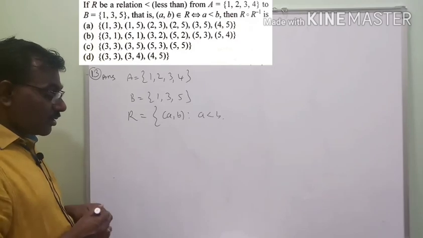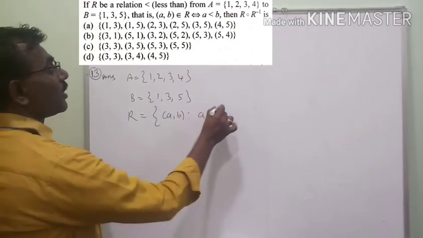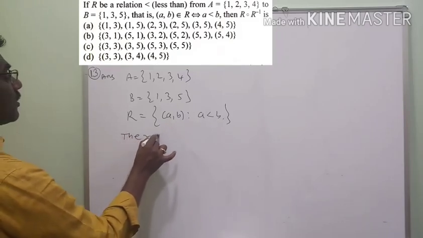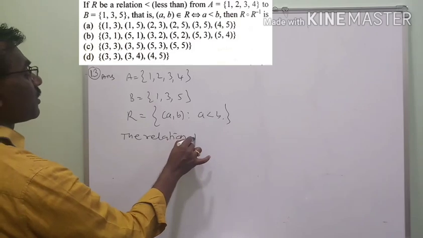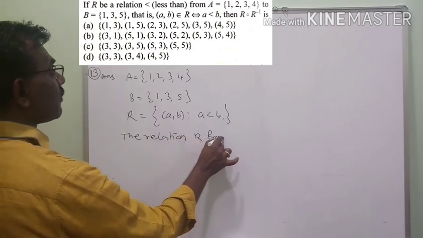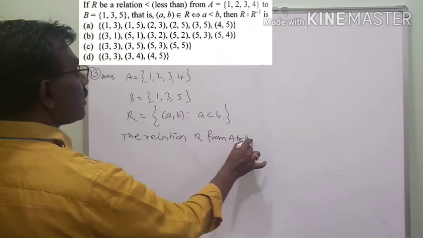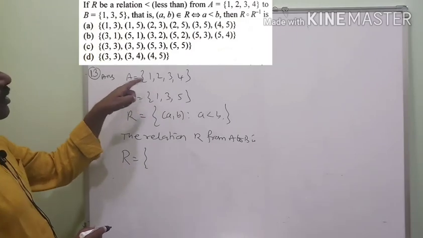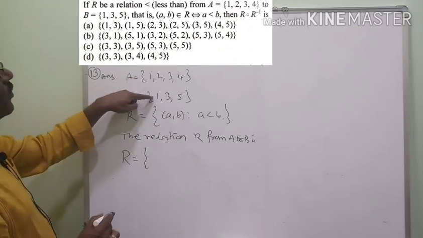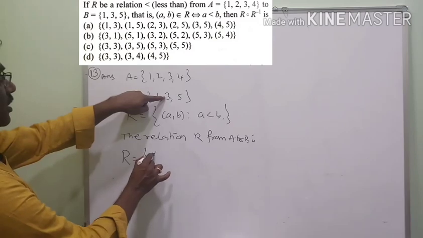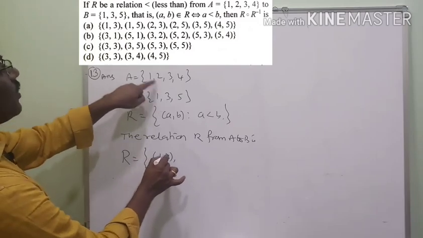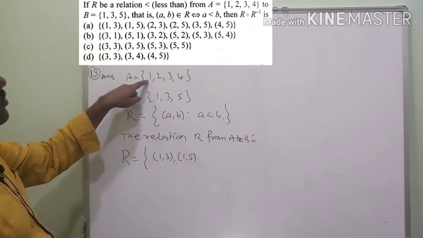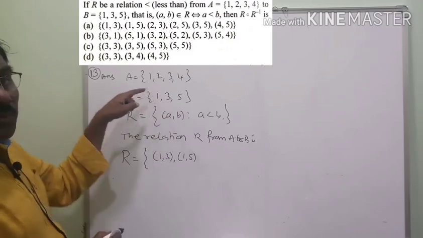Now what is the relation? The relation R from A to B is R equal to, be careful, A less than B. 1 comma 1 does not come, 1 comma 3, 1 comma 5.